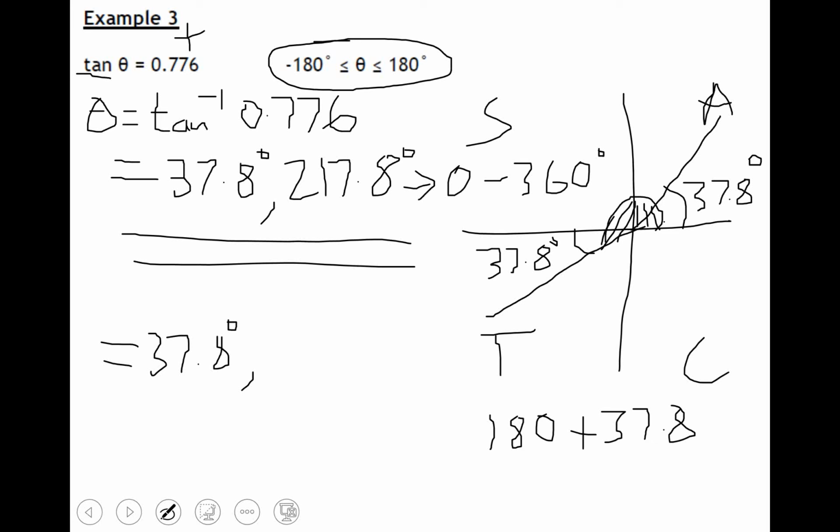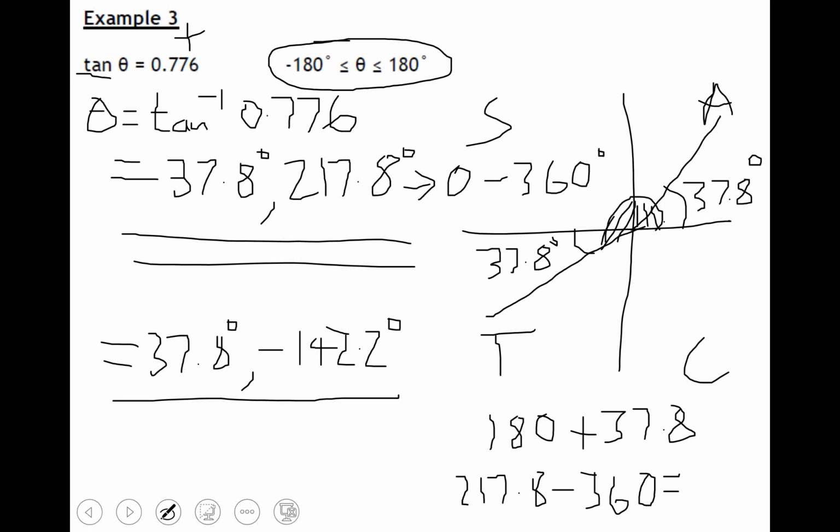In this case we need to go backwards, so we do 217.8 minus 360. So we get minus 142.2 degrees to one decimal place, which gives us our two answers in the correct required region.